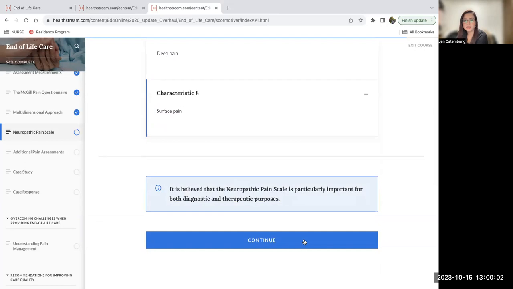It is believed that the neuropathic pain scale is particularly important for both diagnostic and therapeutic purposes.